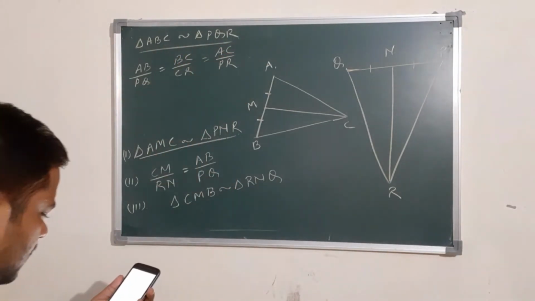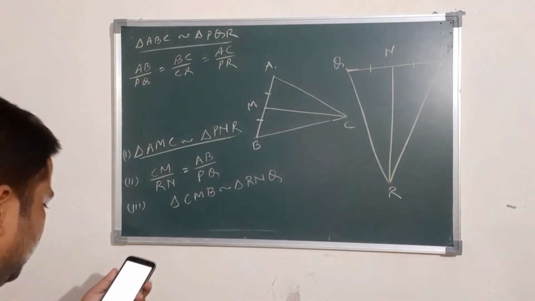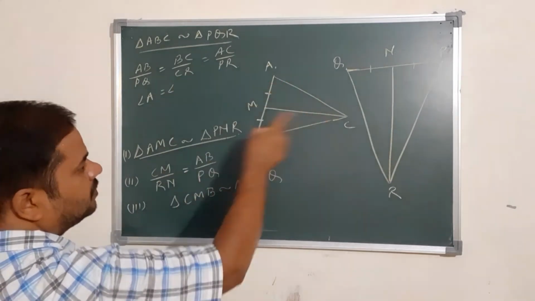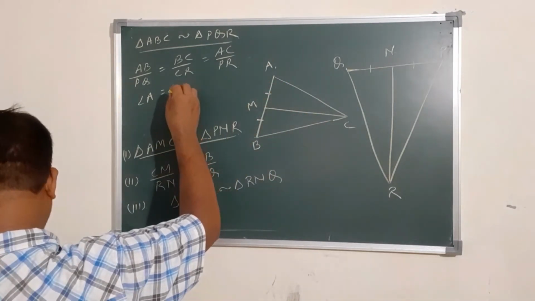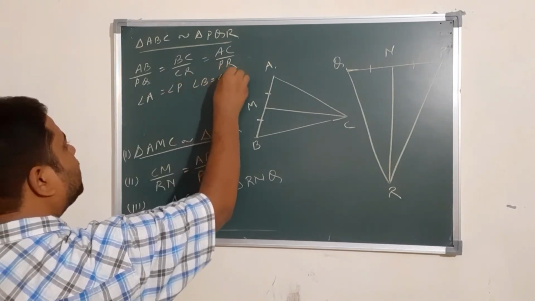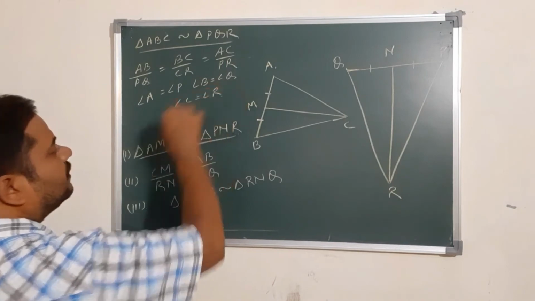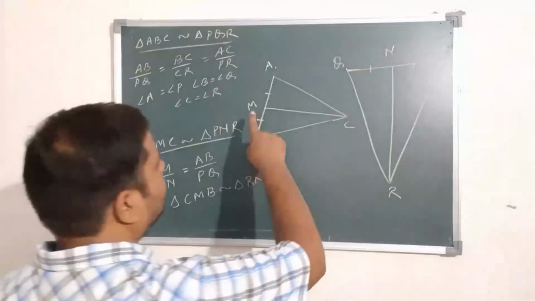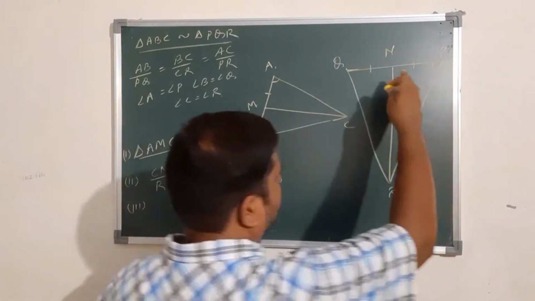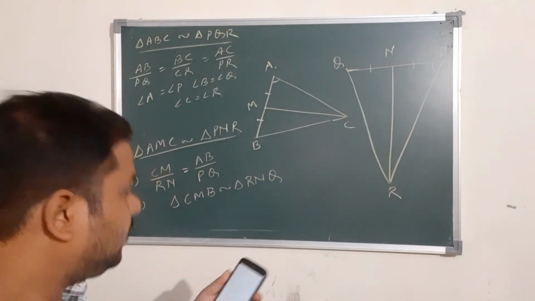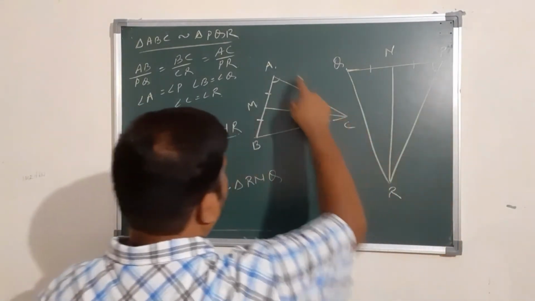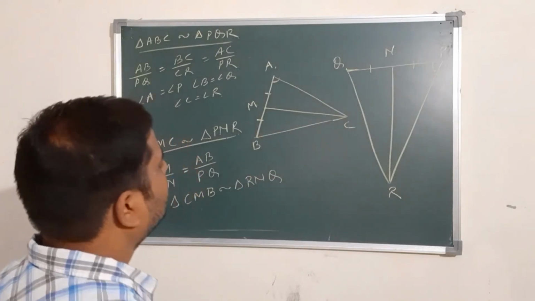Also angle A is equal to angle P, angle B is equal to angle Q, and angle C is equal to angle R. So in triangle AMC, angle A is equal to angle P, and the sides AC upon PR are in proportion.